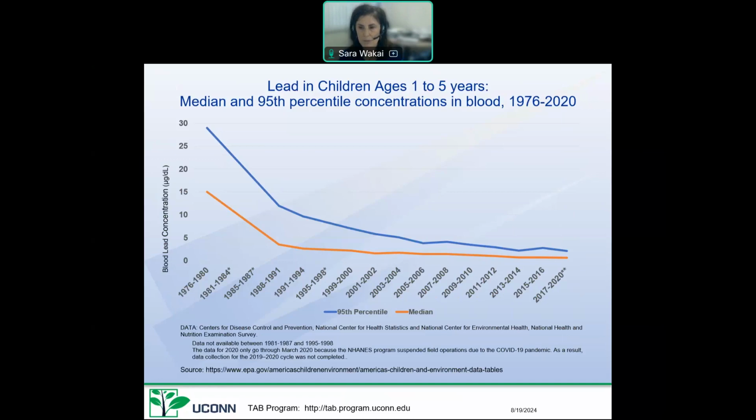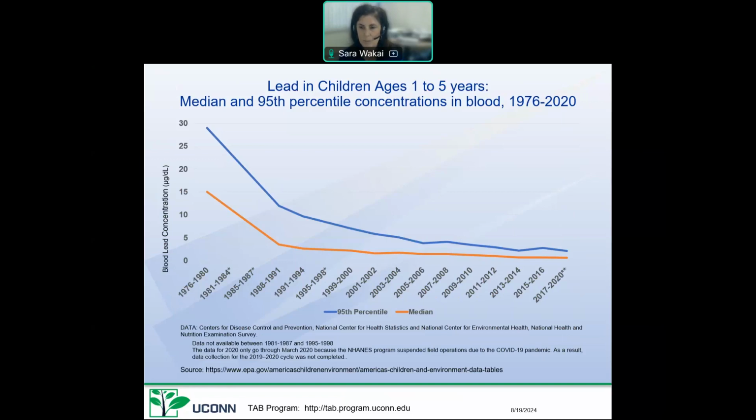As you can see from this graph, the blue line represents the 95th percentile of blood lead concentration in children ages 1 to 5 years old. In 1976 to 1980, children at the 95th percentile had a blood lead level of 29. By 2020, that number decreased to 2.1.